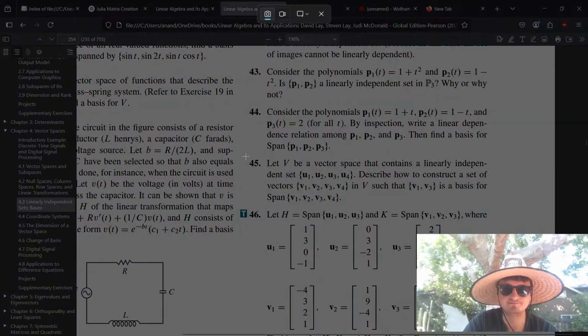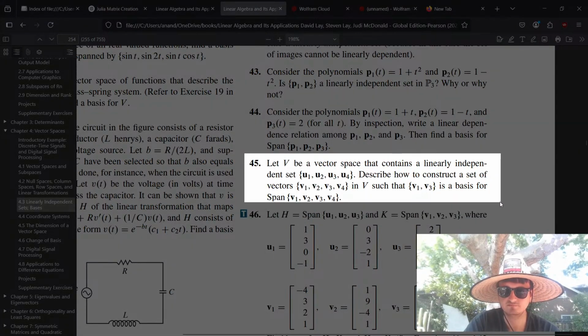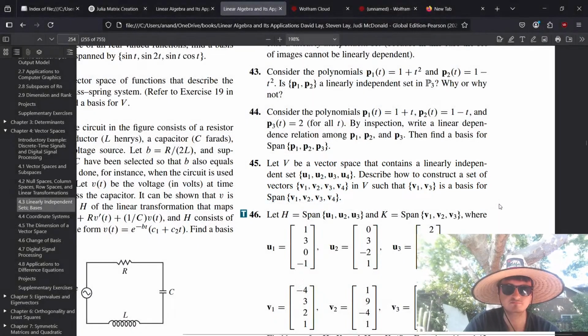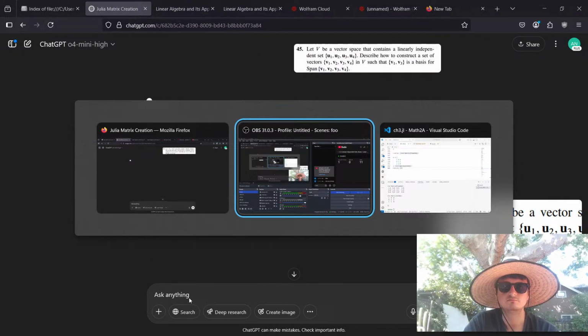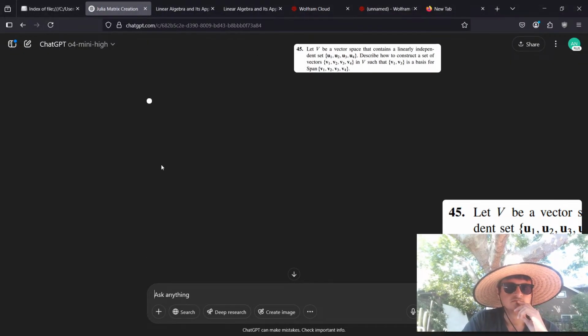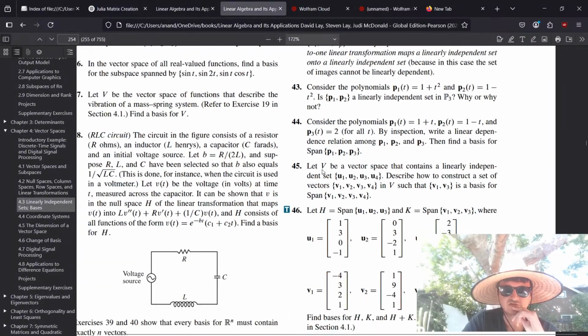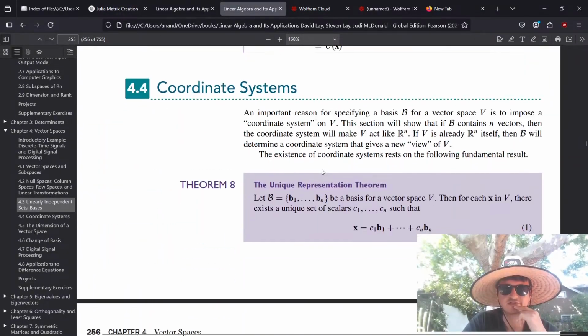Last problem. What's the next section? It's coordinate systems, right? Yeah.